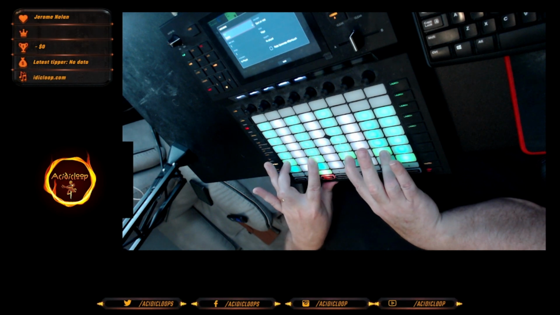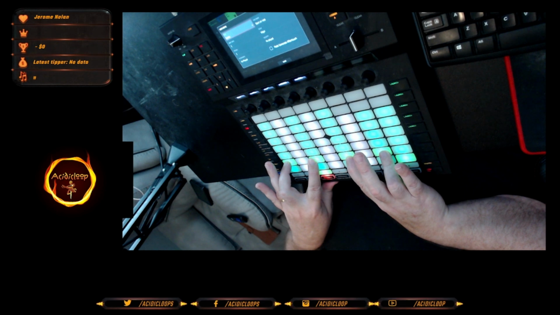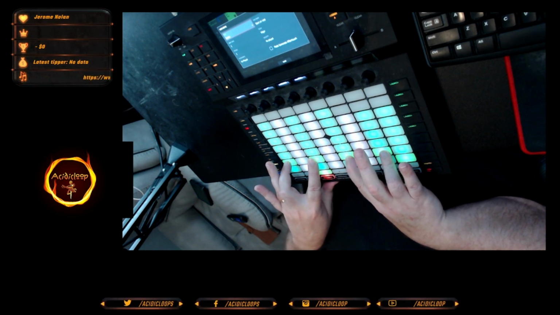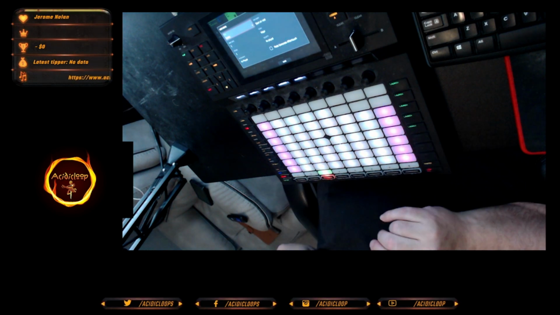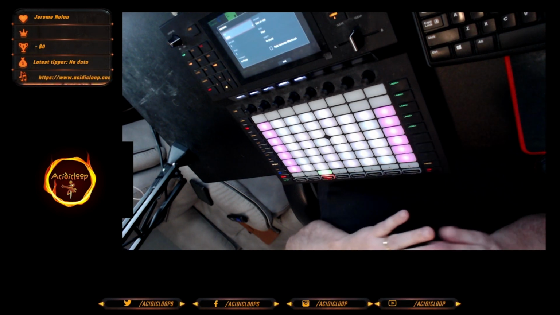Now, we'll do more on these extended chords in maybe another video, but I just want to point that out for you here, that when you're doing this particular chord construction, it does follow that 1, 3, 5. It does follow that stacked thirds mentality.